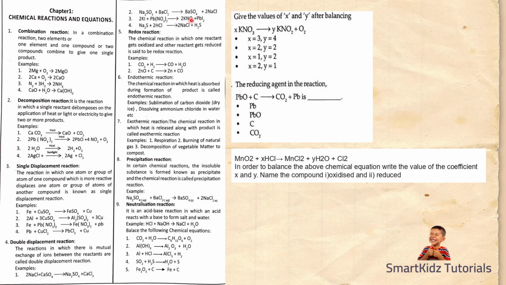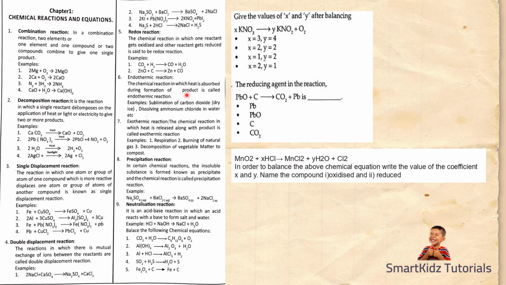Okay. Coming to the final one: we've got combination, decomposition, single displacement, double displacement, and we come to the final one, that is the redox reaction. Redox stands for reduction and oxidation reaction. They have been joined to give the term redox reaction.